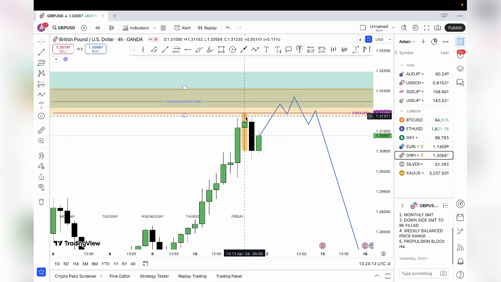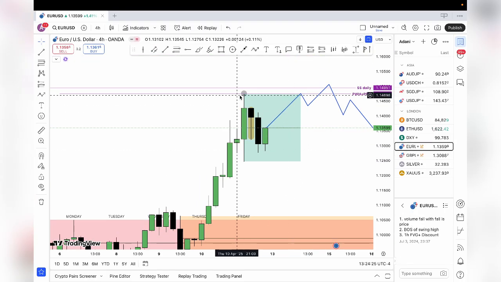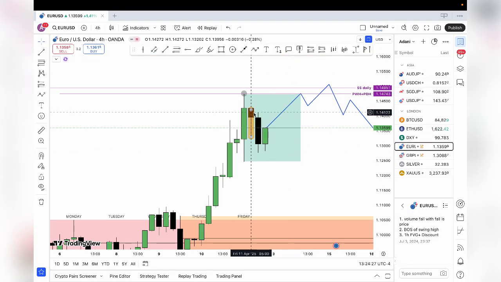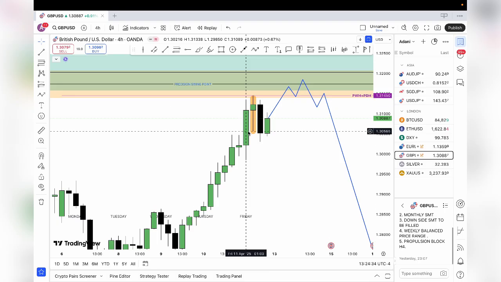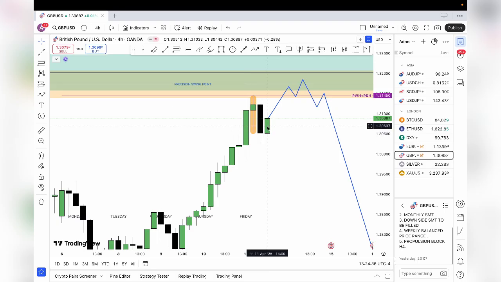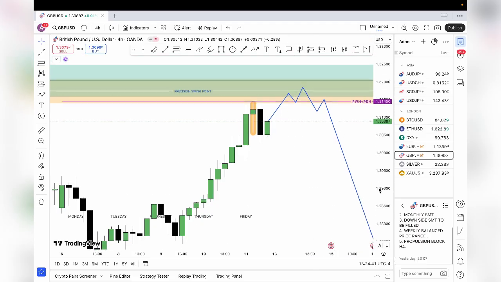That means it was a CRT candle which was supported by an SMT. This is an SMT in this, and if you check this, it's an SMT. And price also gave the 50% of this candle as a target, but I'm expecting the price to run up and then fall down.